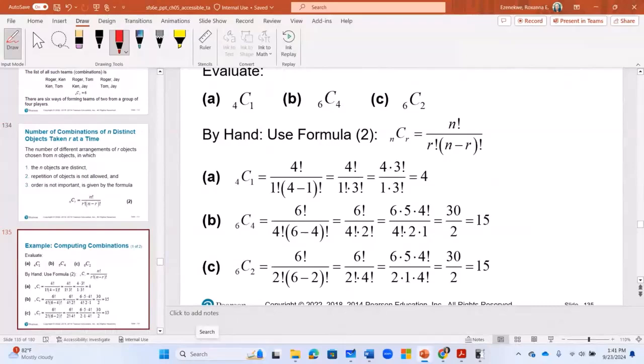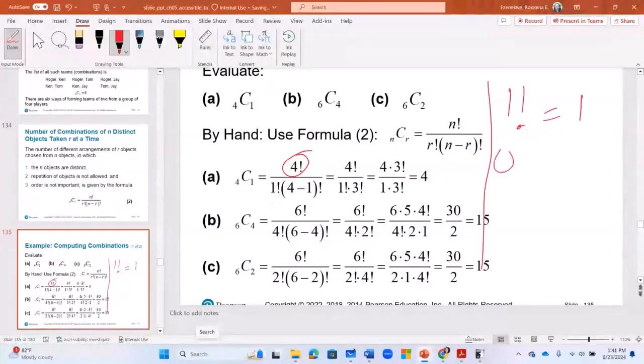So for combination 1 is 4 factorial over 1 factorial into 4 minus 1 factorial. Anytime you see 1 factorial, it is equal to 1. Anytime you see 0 factorial, it is equal to 1. Don't forget that 0 factorial is 1.